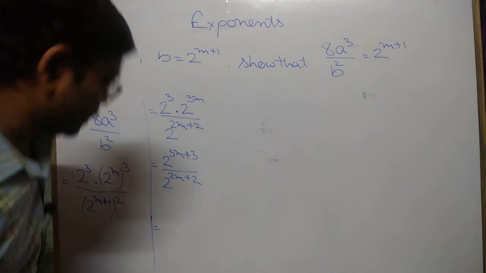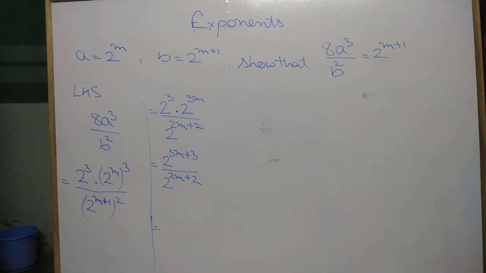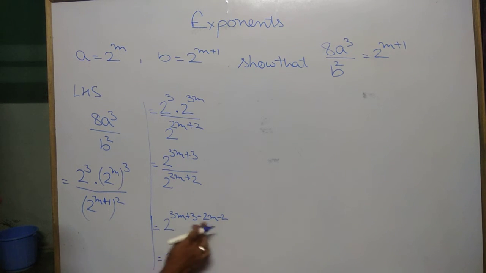In this condition we can write, now both bases are 2, so 2 to the power 3m plus 3 minus 2m minus 2. Ultimately what do we have? 2 to the power 3m minus 2m, 3 minus 2 plus 1.